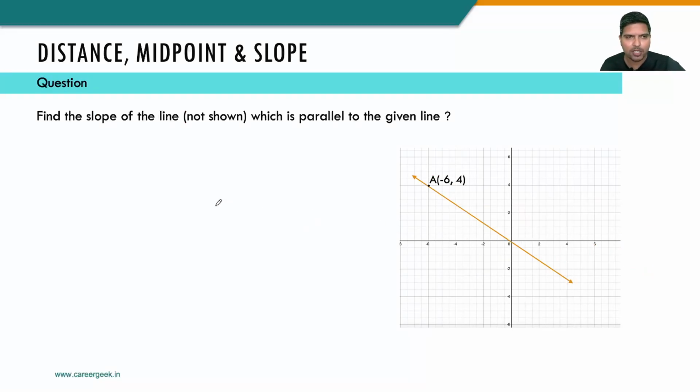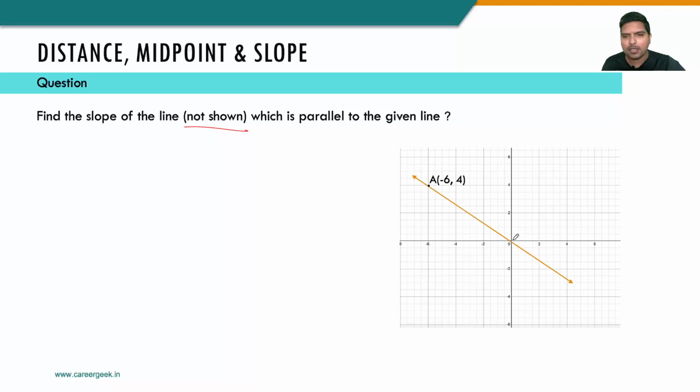Okay, we'll solve some questions. Enough of the theory. Find the slope of the line not shown, which is parallel to the given line. So remember, I told you distance, midpoint and slope. You'll need to have 2 points without which you cannot find them.